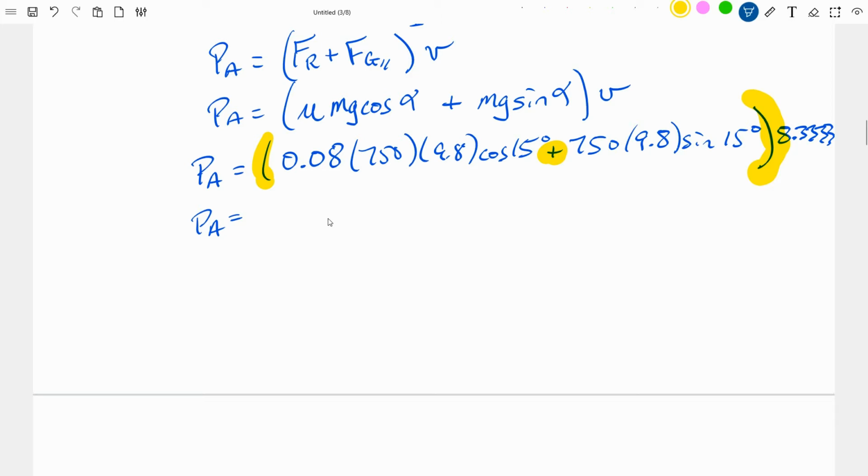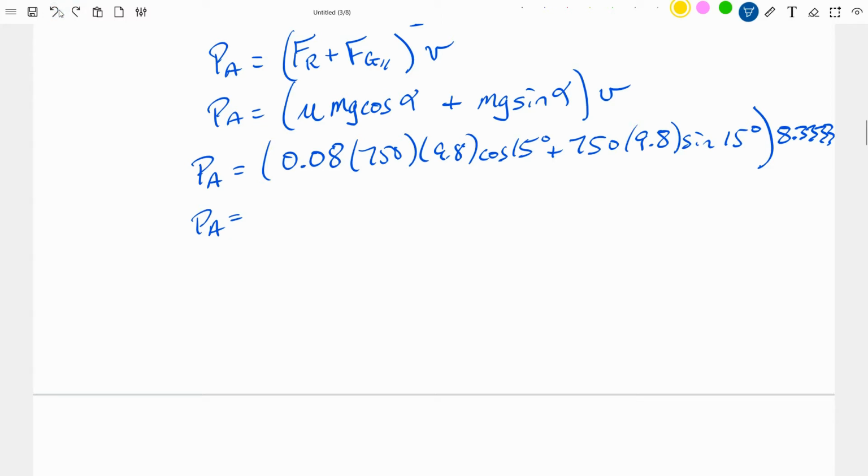Cosine 15, add 750 times 9.8 times sine 15, and I now close my bracket. So I've entered everything that you see within the brackets. I'm going to continue by hitting times 8.3333, and I can hit equals, and assuming I haven't screwed that up somewhere that I'm not aware of, I should get the right answer.